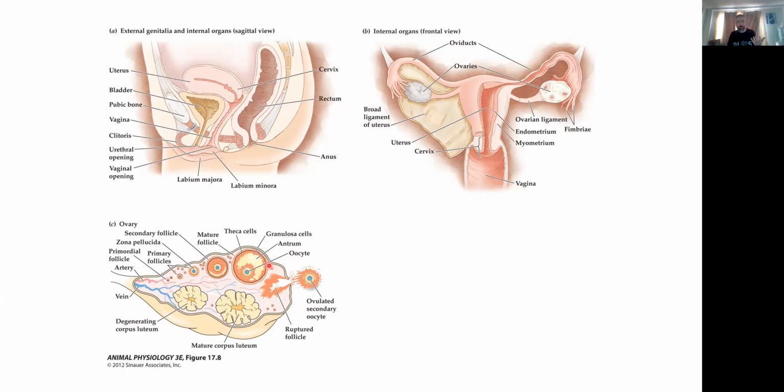And what actually does happen is the follicle and the exterior margin of the ovary actually ruptures and actually expels the egg from the ovary. Now, the remainder of the cycle doesn't go away. It actually stays around behind as a structure called the corpus luteum. And this corpus luteum is going to play a really, really important role in the menstrual cycle and allowing for implantation to occur. But we'll see all of that stuff later on.